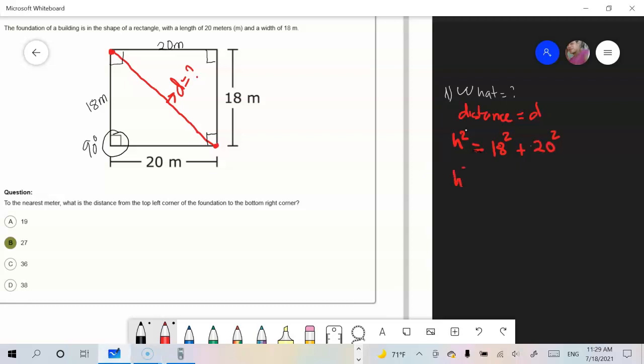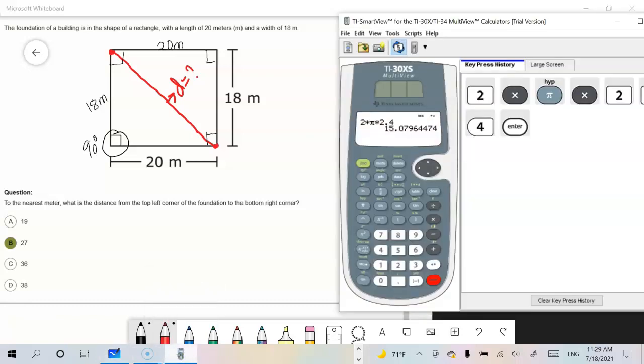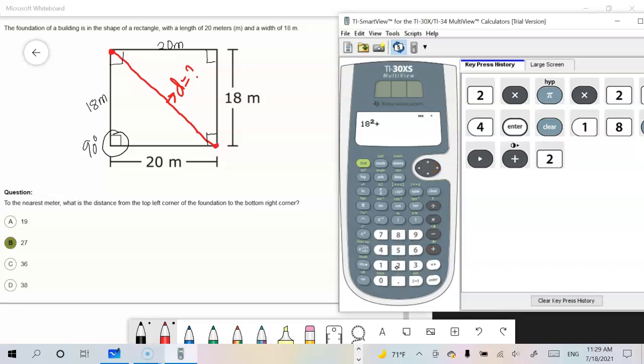So the hypotenuse squared is going to be equal to, and I'm going to use the calculator to solve this problem. So I clear what I was using before, and then I'm going to write 18 squared. So I'm going to press this key here, plus, and the other side is 20, and then I'm going to press square.